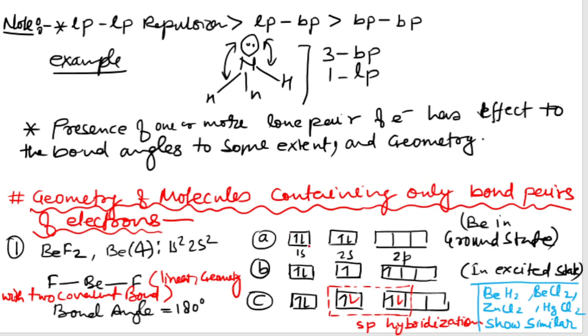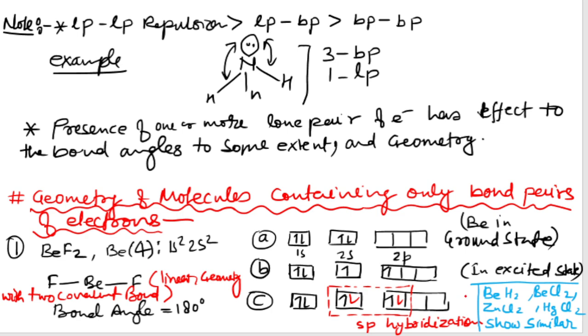Fill the 1s, 2s, 2p orbitals in the ground state. 1s is filled with 2 electrons and 2s is filled with 2 electrons, and in the excited state one electron goes to the 2p orbital. Therefore, these electrons will each share one electron with fluorine and form beryllium fluoride with two bonds, and the hybridization is sp.